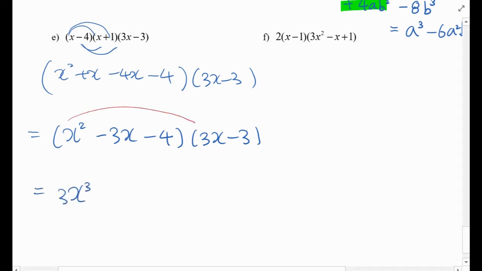3x cubed. Negative 3x squared. Negative 9x squared. Positive 9x.